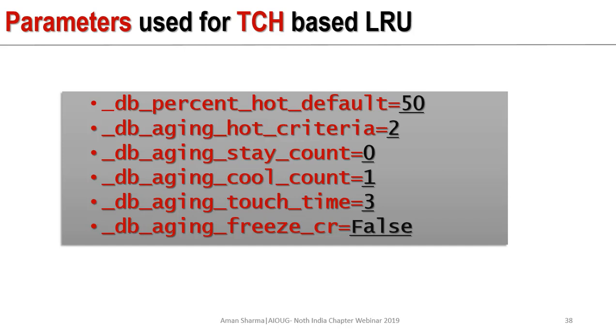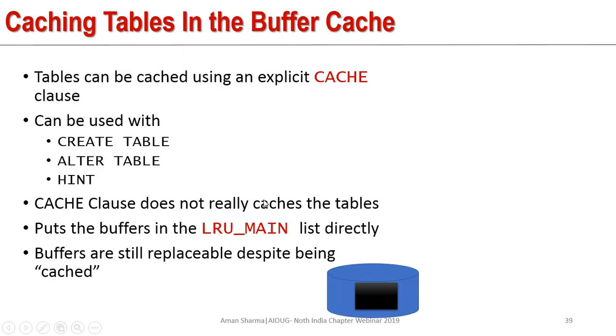It is going to stay in the buffer cache with the value 0 once it becomes explicitly cold. The touch count timeout is set by the parameter touch time, which is 3 seconds, and the CR buffers are not going to be a part of your buffer cache, so they will be thrown out, which is the default. So all these parameters have these values by default.